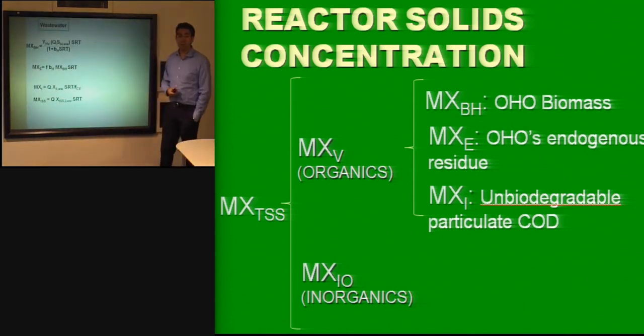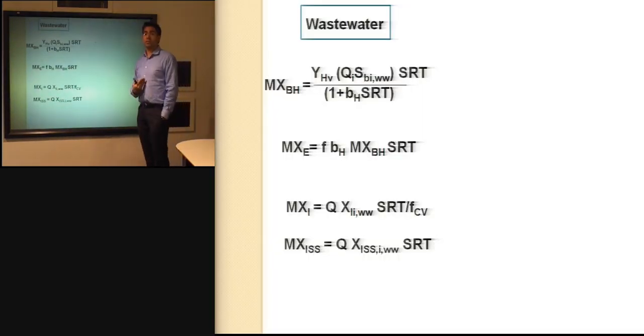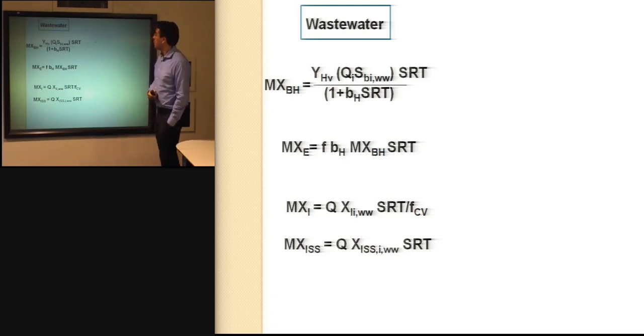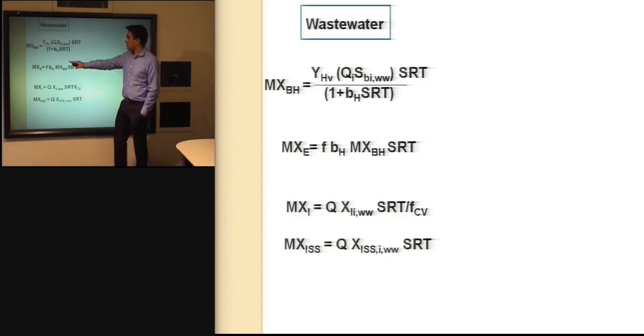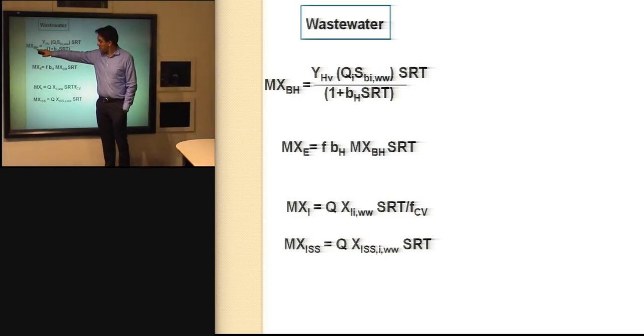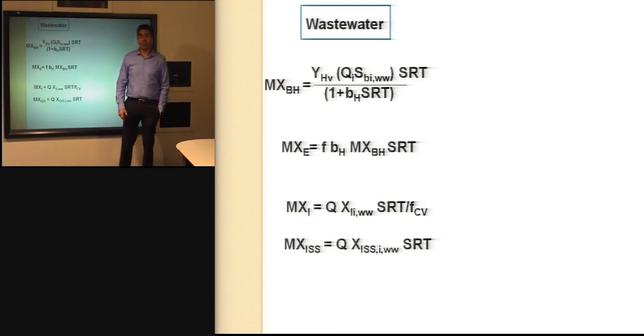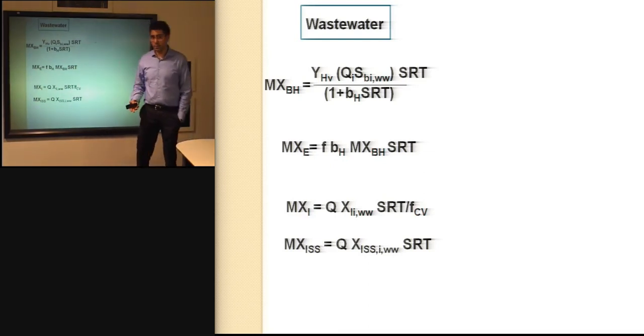How to do that? Well, for wastewater, and based on the mathematical model developed by the University of Cape Town, the group of Professor George Ekama, applying that model, it is possible to determine the masses of the active biomass, endogenous residue, unbiodegradable particulate organics accumulated in the system, and the amount of inorganic suspended solids also accumulated in that system.